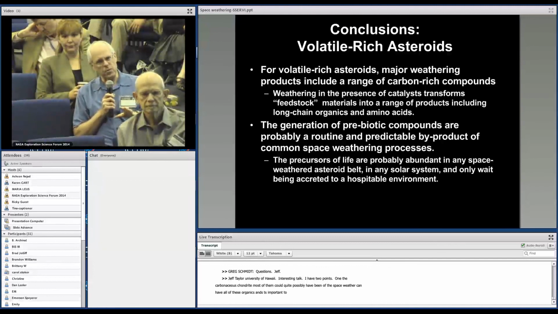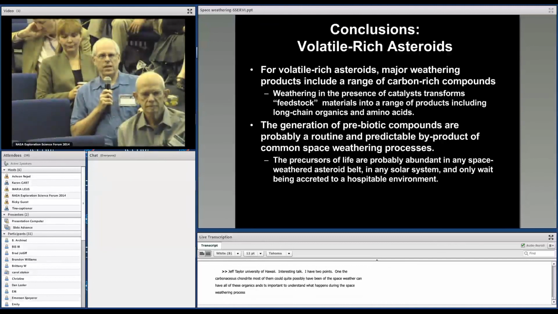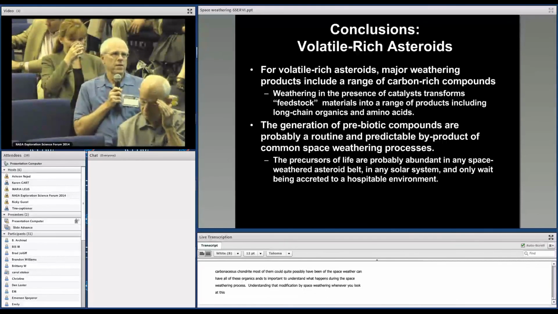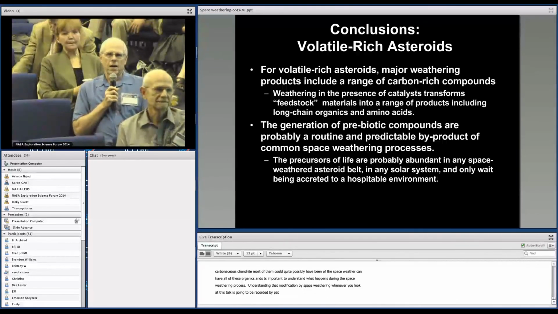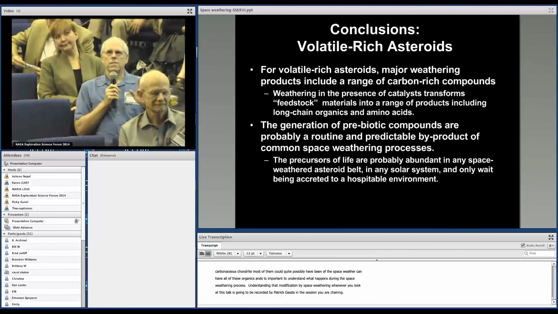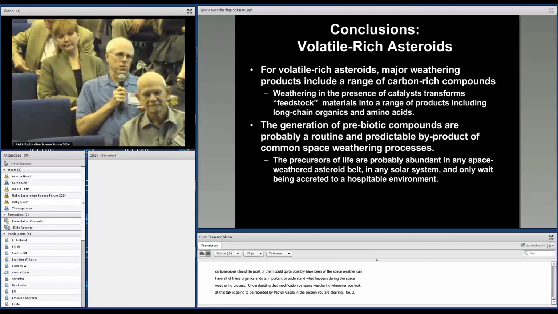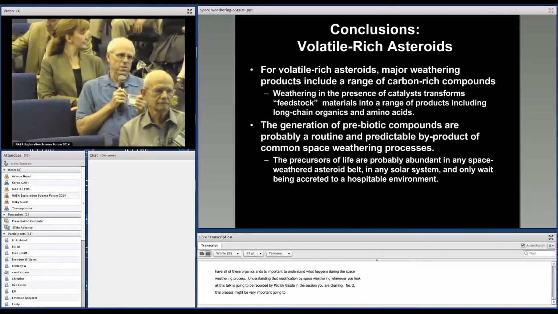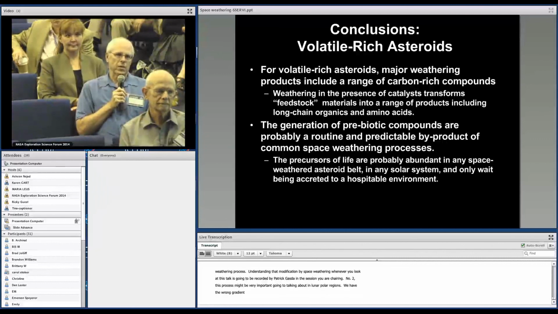Not only could they be made in principle, but understanding the modification by space weathering, and a preliminary look at this is going to be reported by Patrick Gazda in the session you're chairing. Number two, this process might be very important, what you're talking about, in lunar polar regions. If we have the raw ingredients, especially carbon from other sources, to make organics, and perhaps that's what's happened on Mercury to make those.